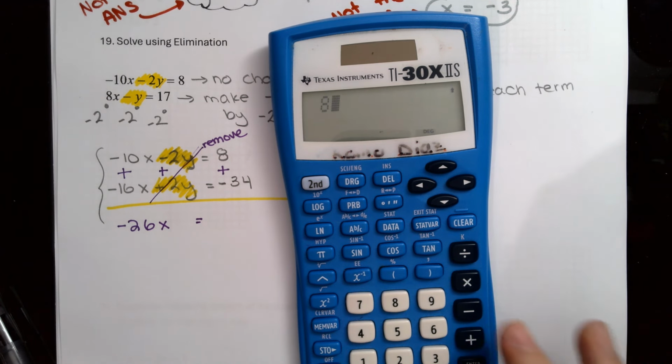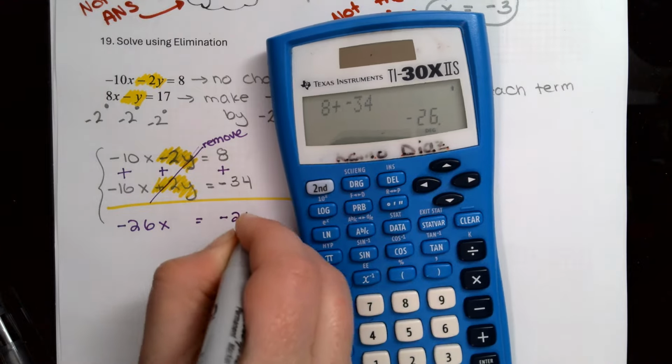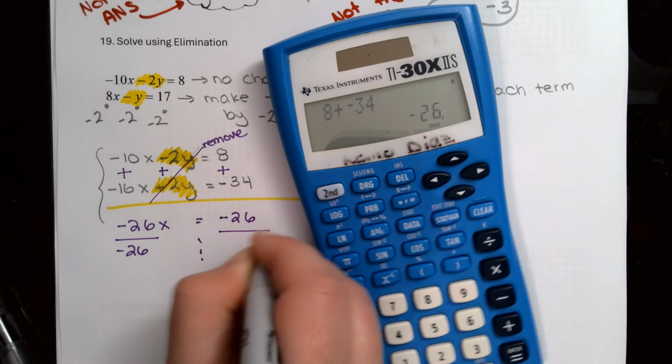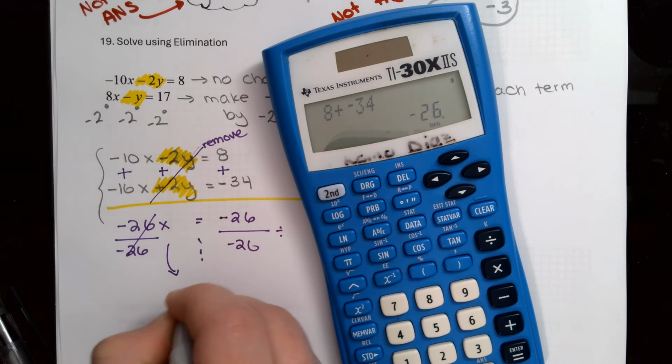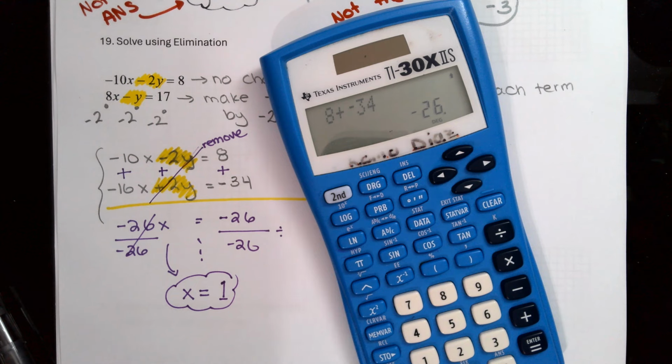Here we have 8 plus a -34, which gives us a -26. Dividing both sides by -26, x is then equal to a +1. Reminder, this is not your answer.